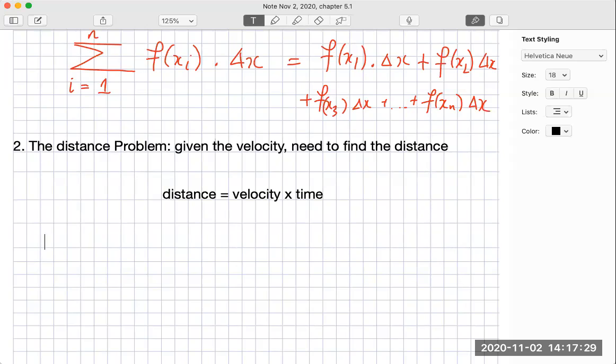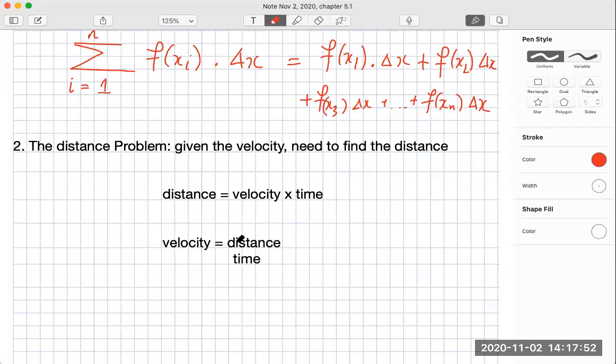Or if we write the velocity in terms of distance and time, right, we can write it this way. Okay.